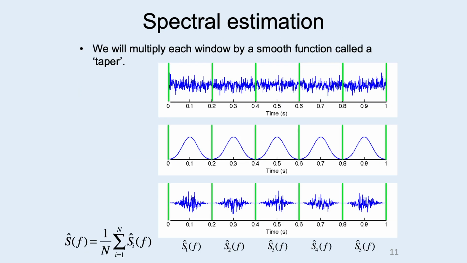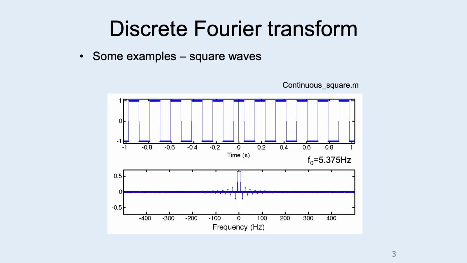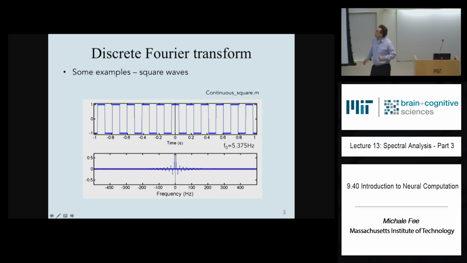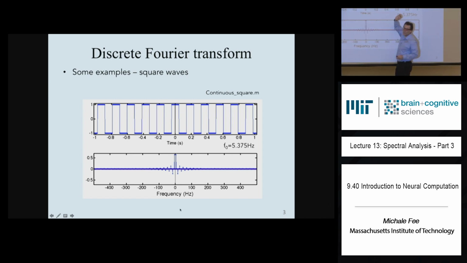Let's go back to here, because there was a bit of a hint here at the beginning of the lecture. What's the Fourier transform of a square wave? What happens if we make these pulses narrower and narrower? The pulses get more and more narrow.